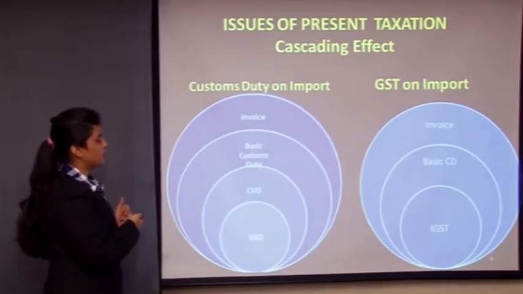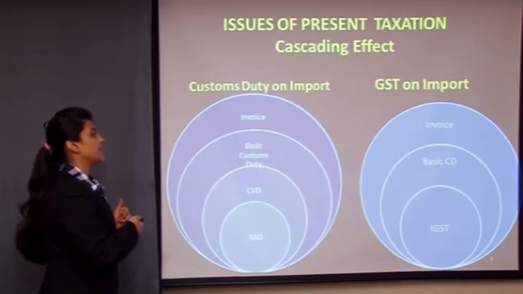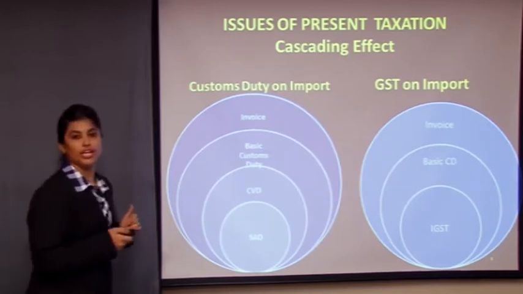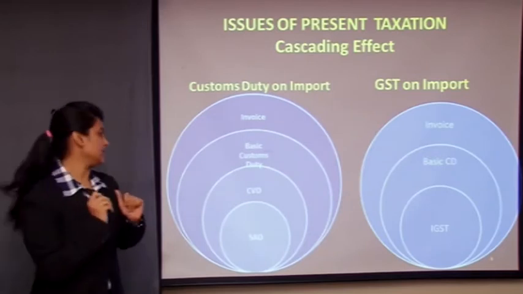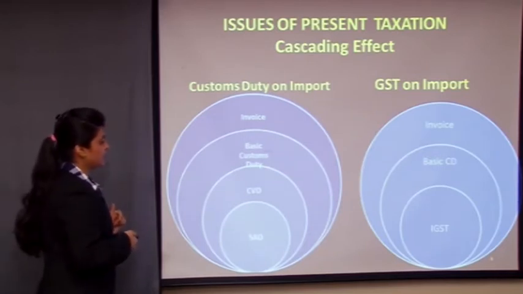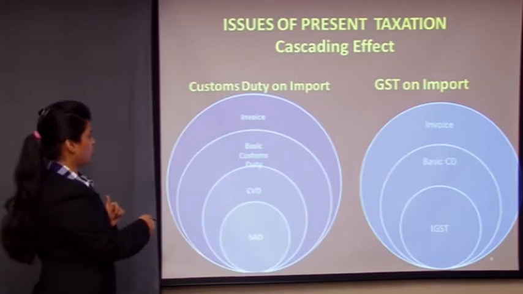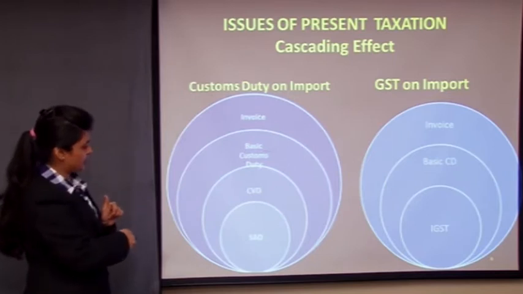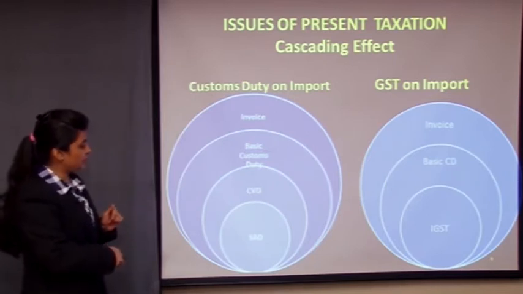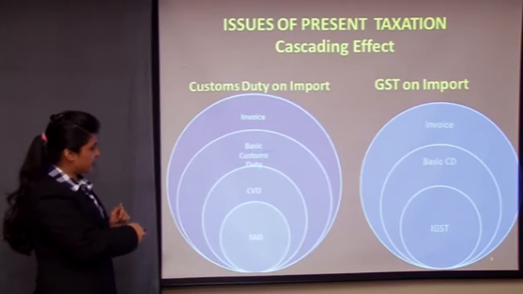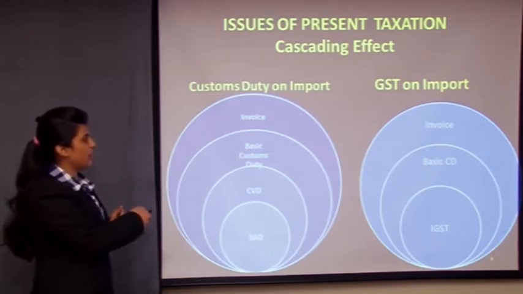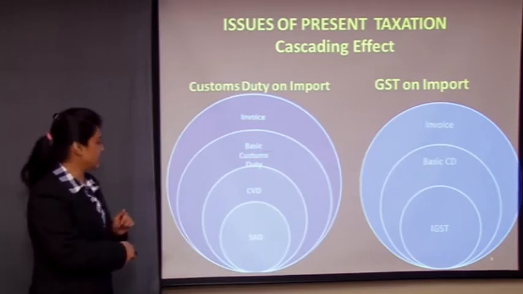On your invoice amount, you had to pay basic custom duty while importing your goods. Then you have to pay CVD, that is countervailing duty. On this total, you had to pay this amount, and then additional duty. On adding all three amounts, you had to pay additional duty.